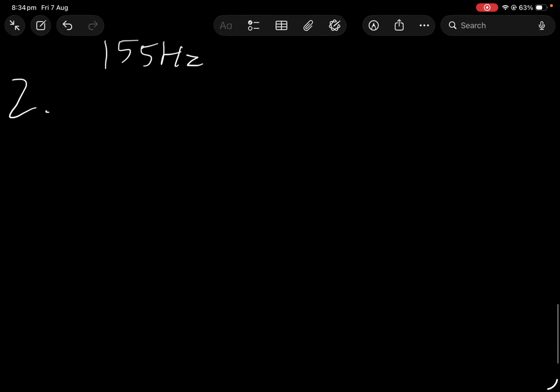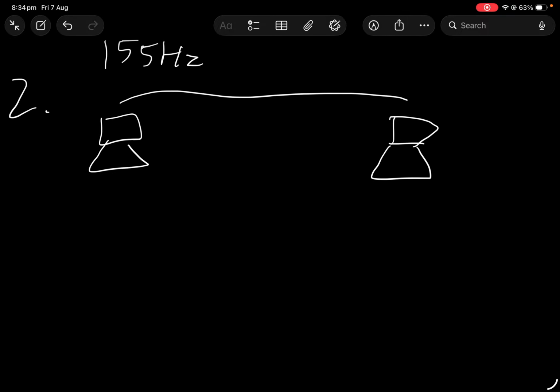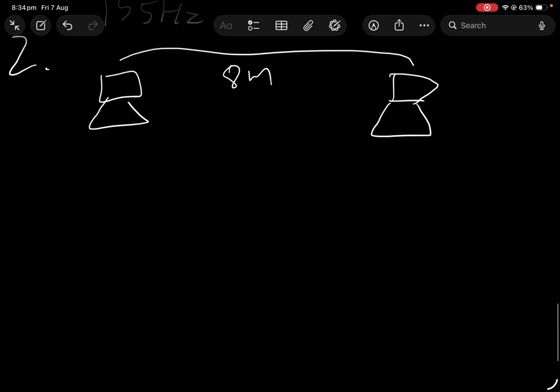Okay. The diagram goes like this. Speaker. This length is 8 meters. It put it in 8,000. But I just feel like working with meters is way better than working with millimeters.